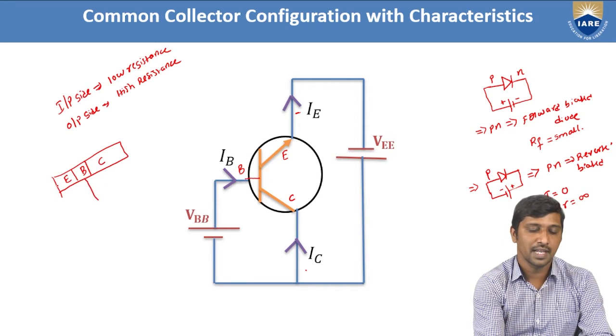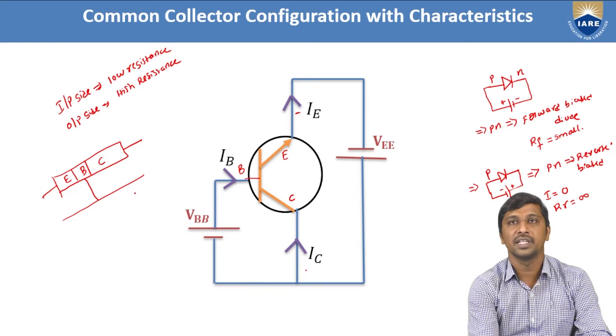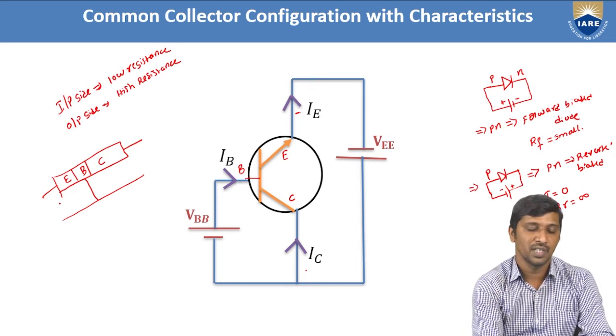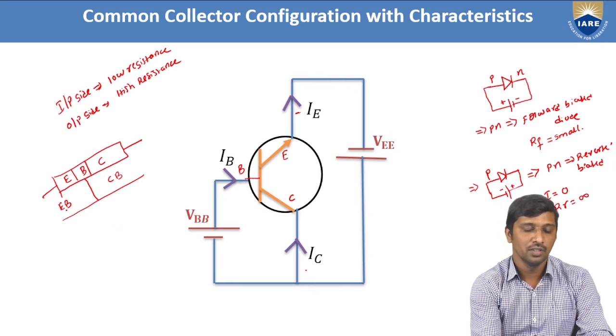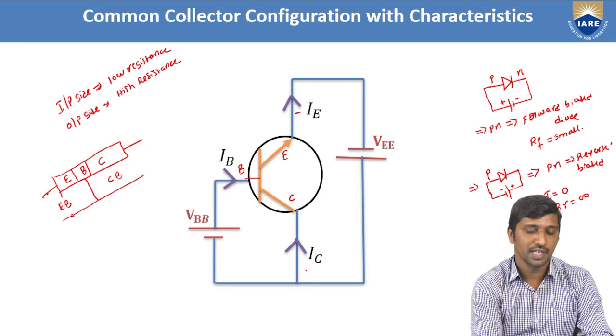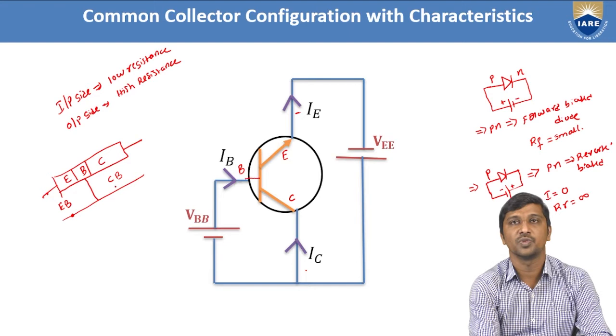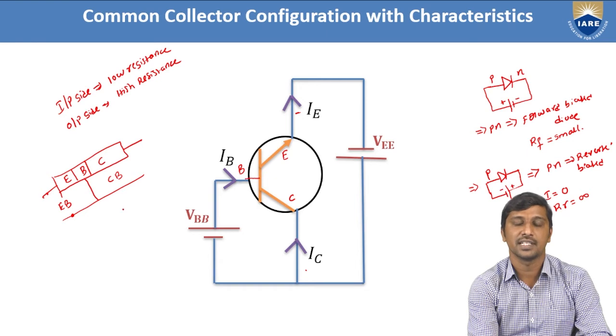While forming this transistor construction, two junctions are produced: one between emitter and base, and another between collector and base. The emitter-base junction is the input side, and the collector-base junction is the output side. Whatever the configuration, the emitter-base junction should be forward biased, and the collector-base junction should be reverse biased.